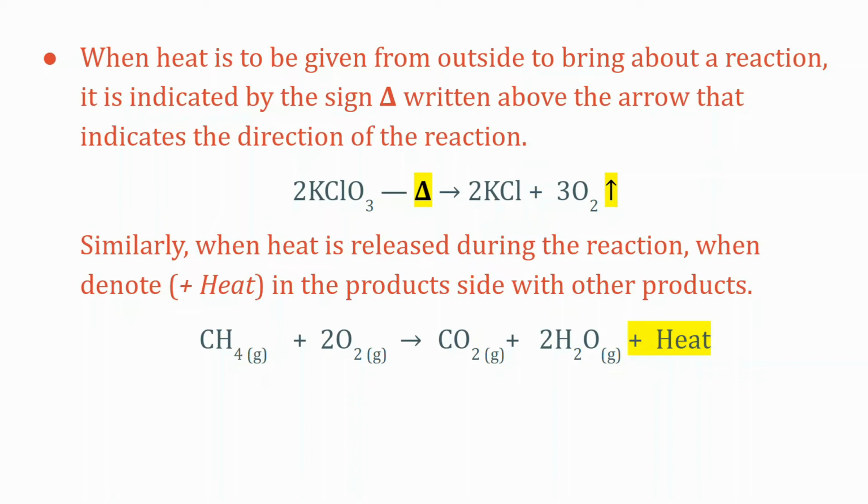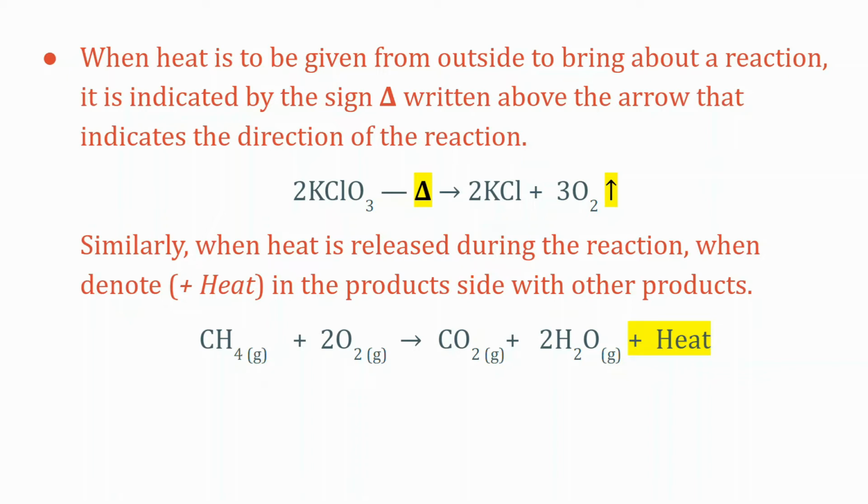So for the gas you have an upward arrow, and for the precipitate you have a downward arrow. I will repeat it again. For the gas you have an upward arrow, and for the precipitate you have a downward arrow. Please make a note of it.